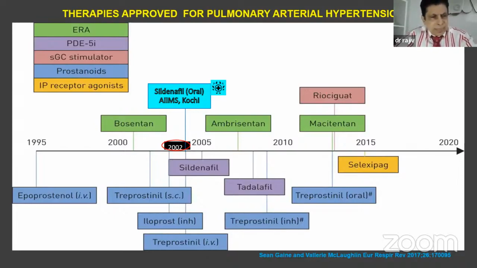The gray one is the prostanoids, the IP receptor, etc. Mainly, we should be focusing more on iloprost and treprostinil, and the older one is epoprostenol. IP receptor agonists have not come in yet, but they are in the experimental phase. Then there are riociguat and selexipag. So with this background, let us go forward.